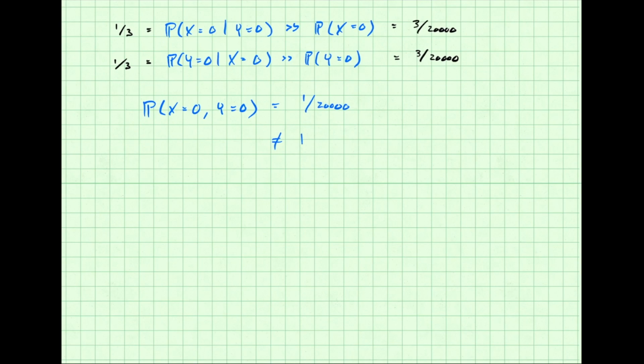So this is not equal to the probability that x is equal to 0 times the probability that y is equal to 0. If you did that multiplication, that would be 9 over 40,000, which is about 22,222 times this one.